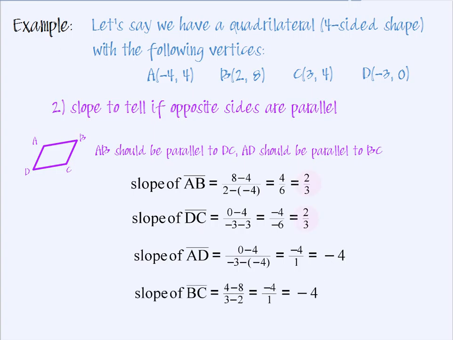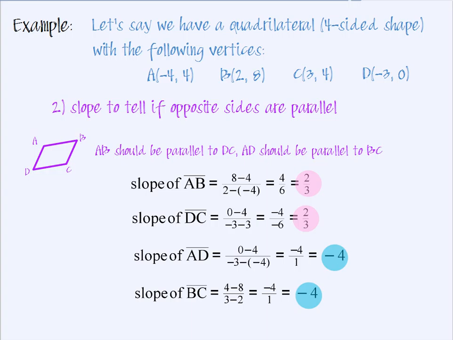I can see that my first two opposite sides are parallel because they have the same slope. And now I can tell that my second pair of sides are parallel because they also have the same slope. Like I said, this picture is not to scale, nor did I put this on a coordinate grid, so don't worry about that my -4 slope isn't actually a -4 slope in my picture.